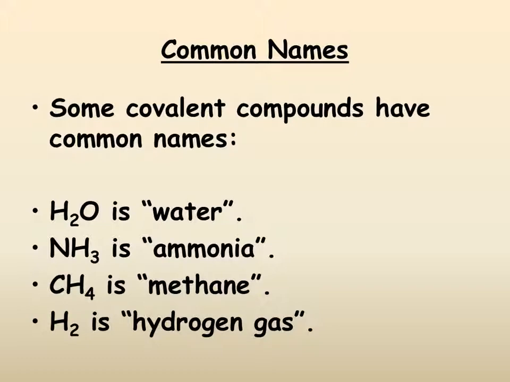Ammonia, or nitrogen trihydride, technically should be H3N if you follow the rules, so it would be trihydrogen nitride. CH4 has the name of methane, and H2 we usually just refer to as hydrogen gas instead of dihydrogen. So some things will have common names, and you're fine using them.